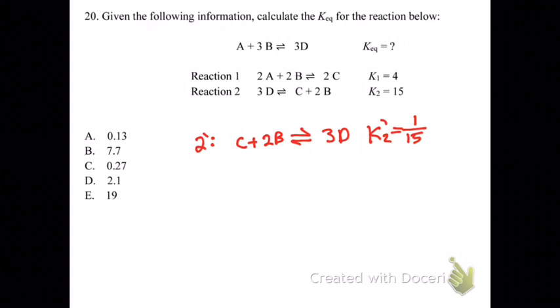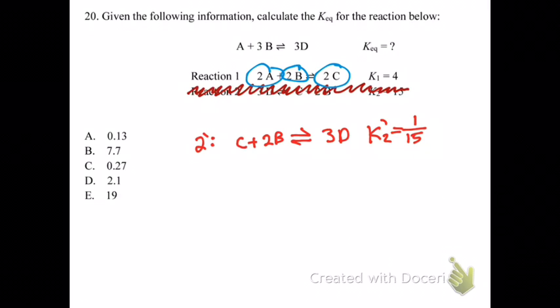So now let's take a look again at reaction 1. And actually, to simplify this now, just to help there be less moving parts, I'm going to cross this out. We don't need this anymore because we came up with reaction 2 prime. This way, just kind of like doing a little bookkeeping here. Okay, so if we add in reaction 1 the way it's written, notice that we have 2A and 2B becoming 2C.